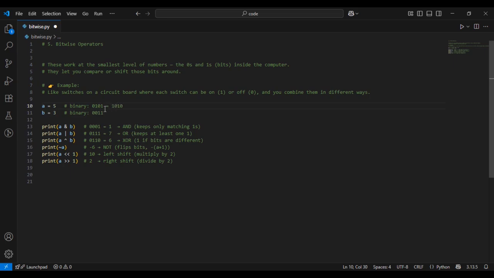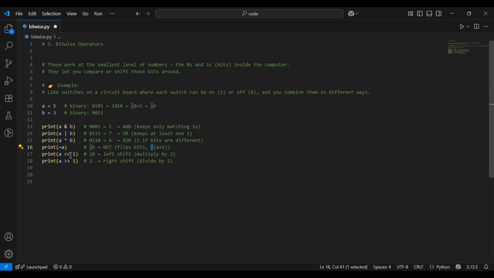But one more thing will be added. Previously we had 2 to the power of 3, which equals 8, but now this last place will become negative. So this will be minus 8 plus 2 to the power of 1, so 2. So this will become minus 6. Minus 6. And that is the answer we have written here.